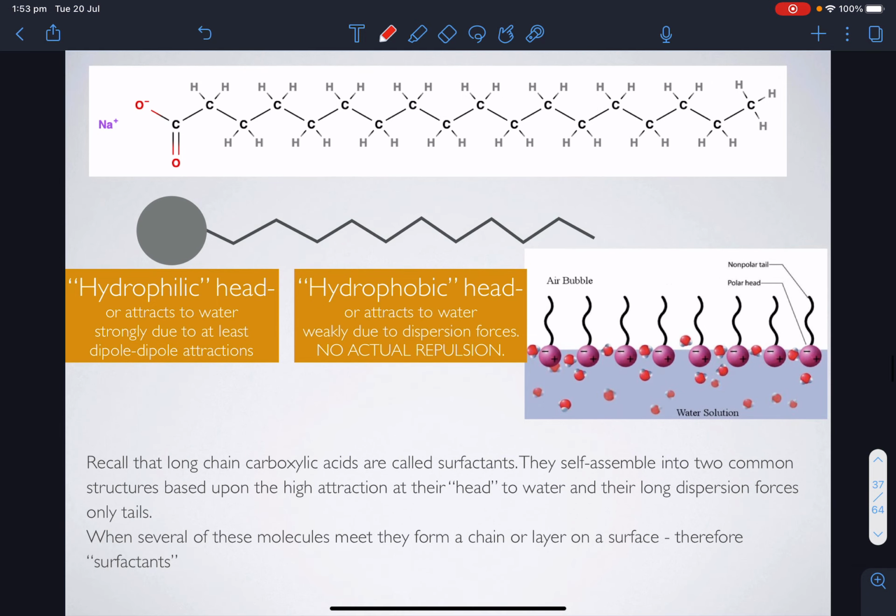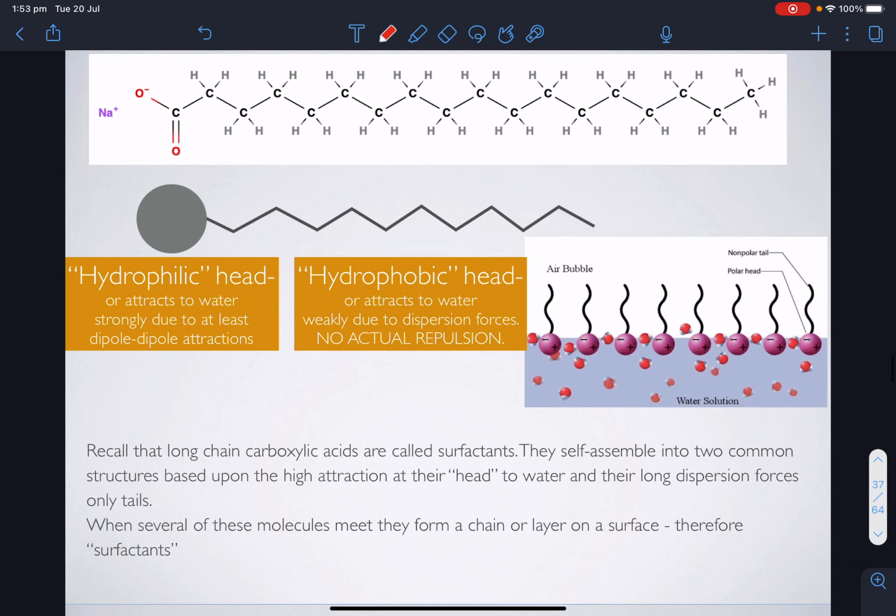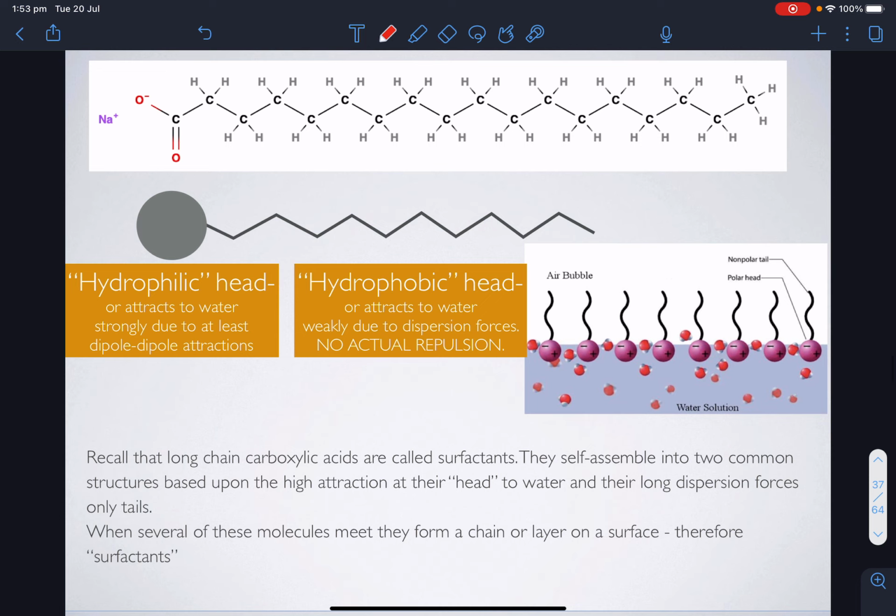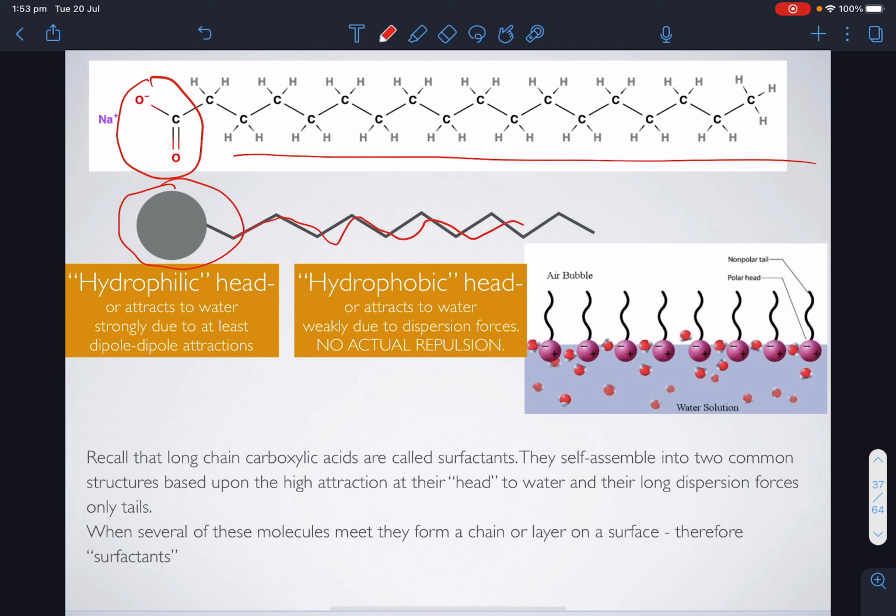Okay, so here's the molecule again, just a little bit more detail. That polar head and the long non-polar tail. Sometimes you'll see them represented something like this, a circle with a squiggle or a zigzag. Also down here, that's what it's trying to represent. So the head is a polar head.